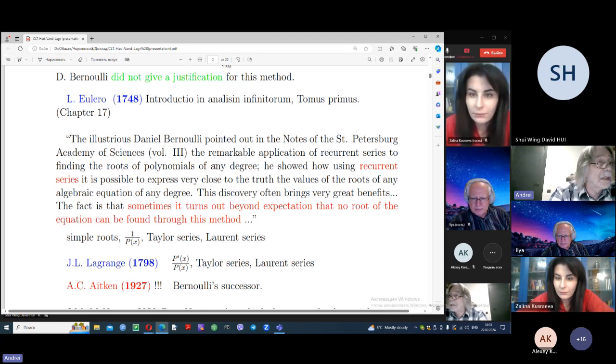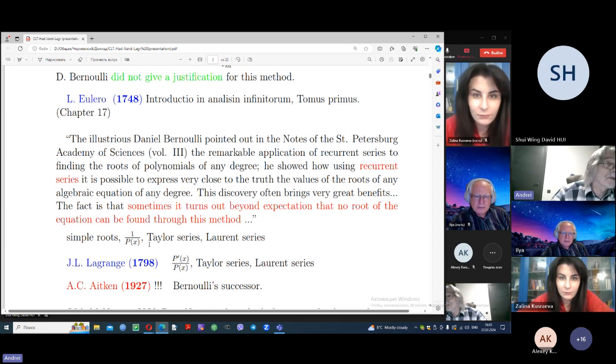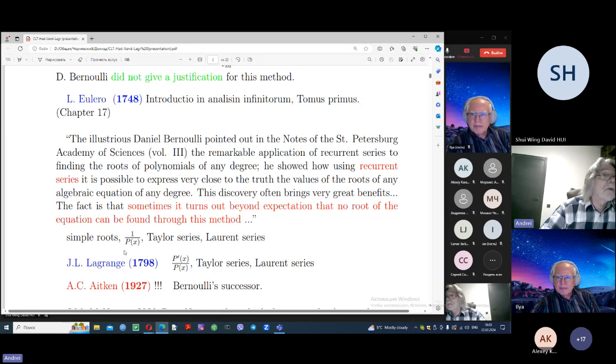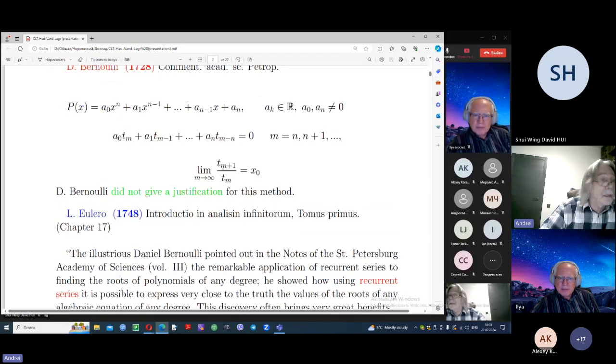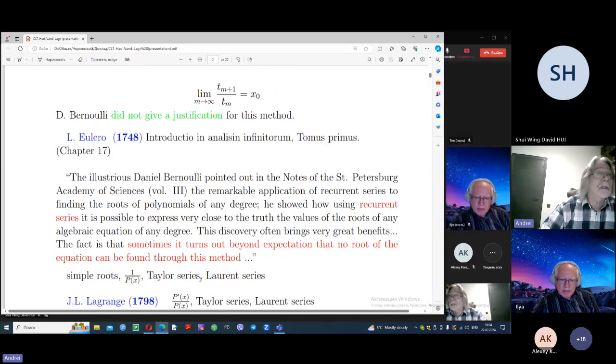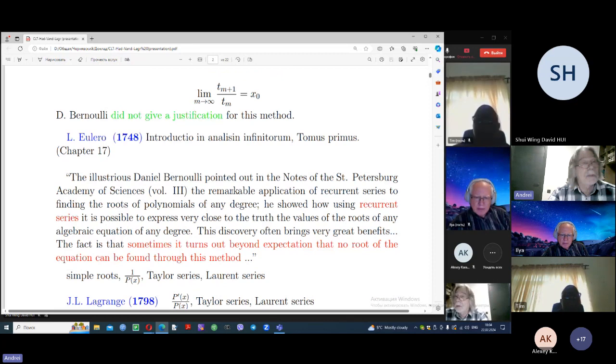He considered what we now call the Taylor series or Laurent series for the ratio 1 divided by P of x, where P of x is this polynomial, and he proved that under certain conditions the corresponding limit of the terms of the Taylor series or Laurent series exists, depending on whether we take the series at the origin or at infinity.